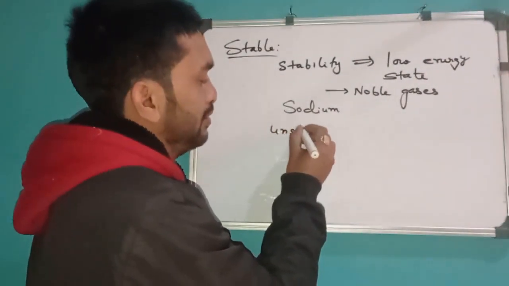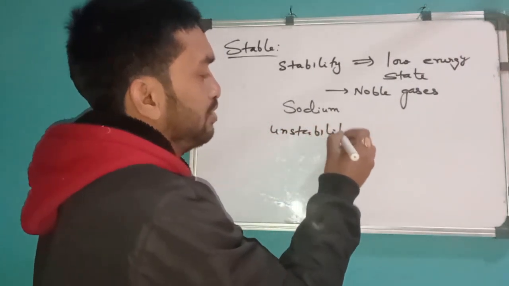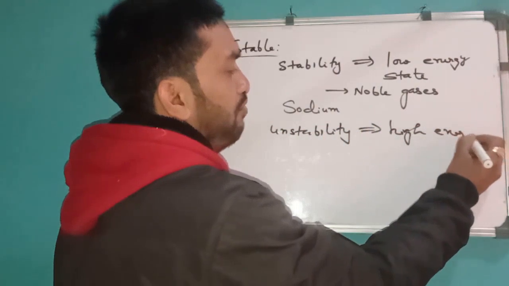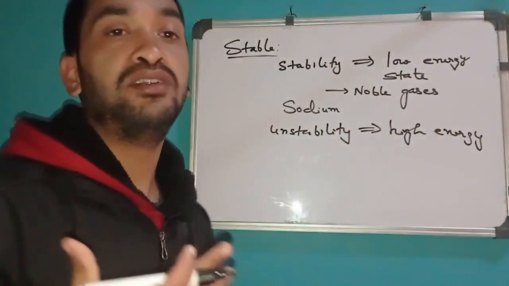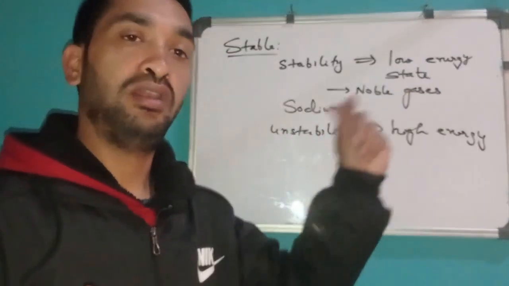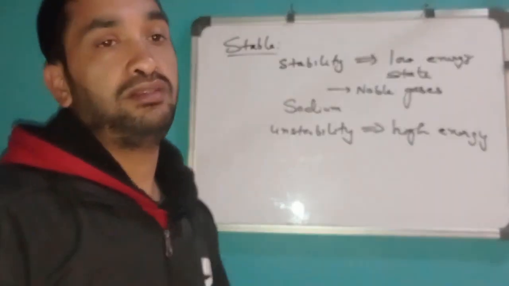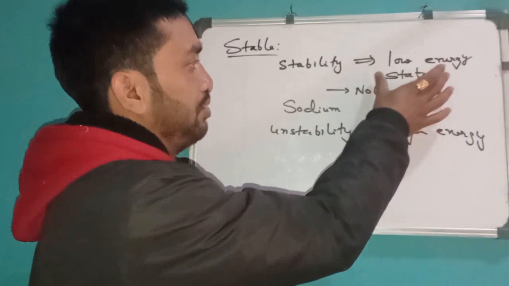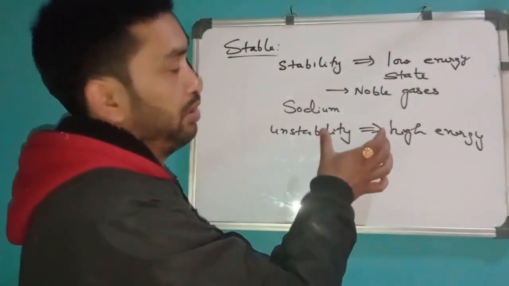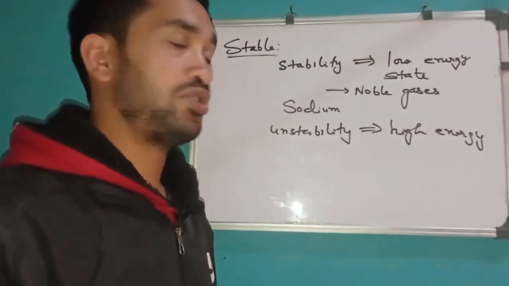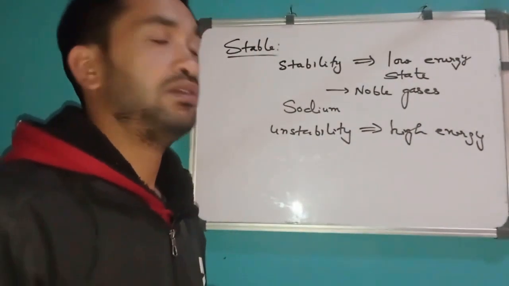Instability, like sodium, implies high energy. So definitely sodium is in a high energy state. Noble gases are in a low energy state. So remember, stability linked with energy: high energy, low stability. Low energy, high stability. More stable, low energy; less stable, high energy.